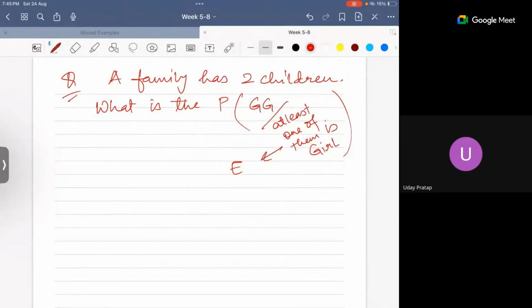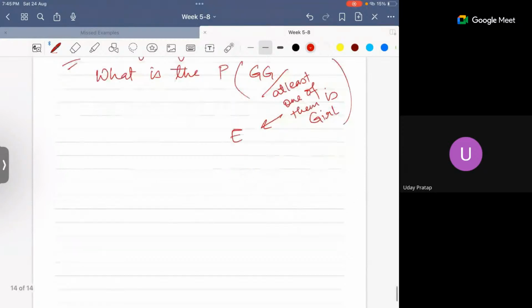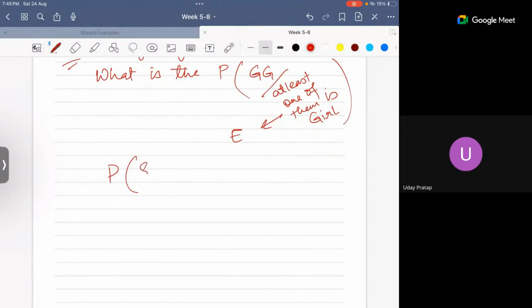Yeah, in that case, both the cases are correct. You can solve it in any of the cases. So if you go with the basic approach, it will be something like the probability of GG intersection of what? It can be GB or BG. Correct?